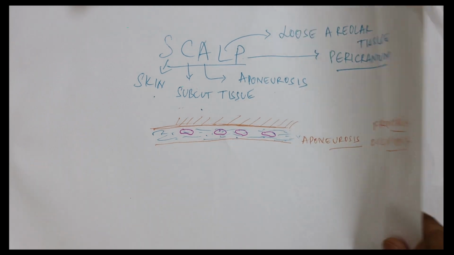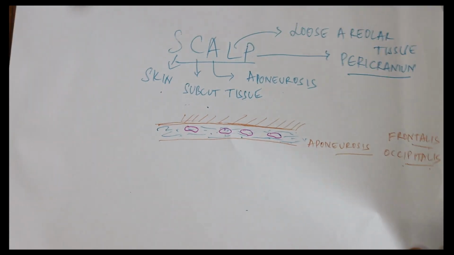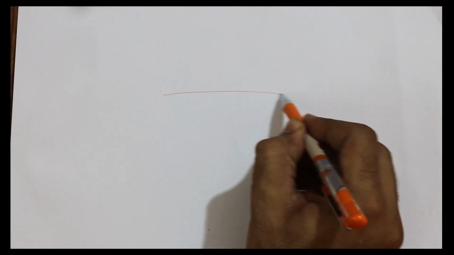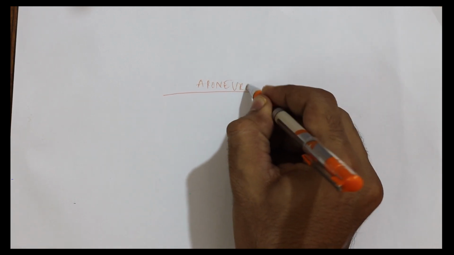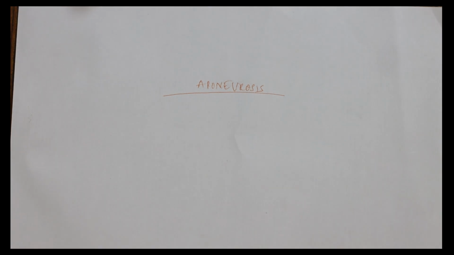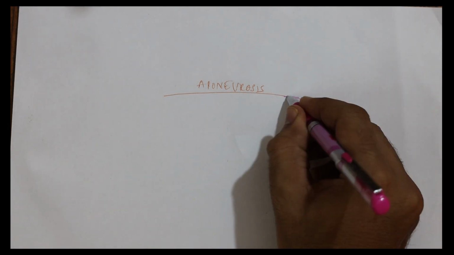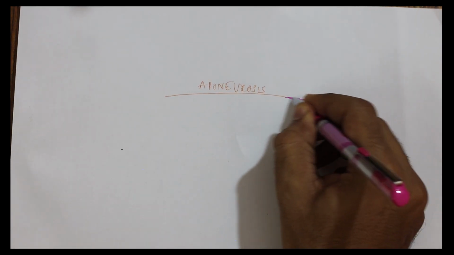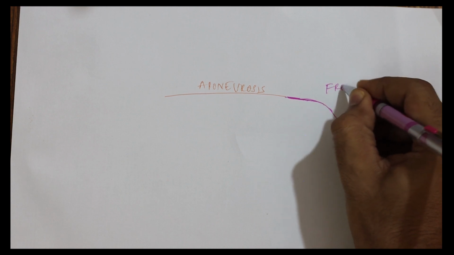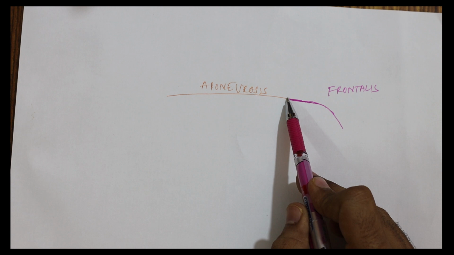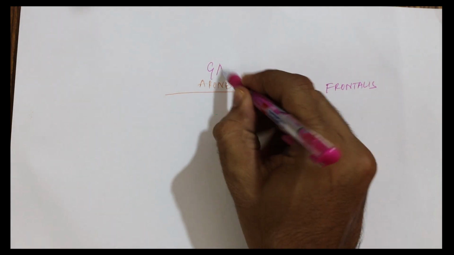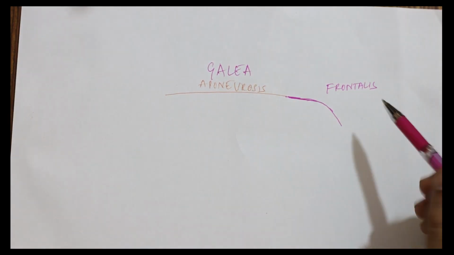If you see the attachment of these muscles, there will be a layer of aponeurosis in between, and from the anterior part of the aponeurosis there will be attachment of the frontalis muscle, which is attached on one end to the aponeurosis, also called galea aponeurotica.